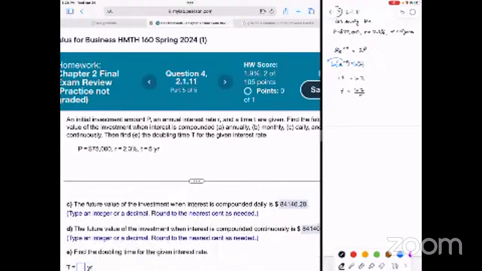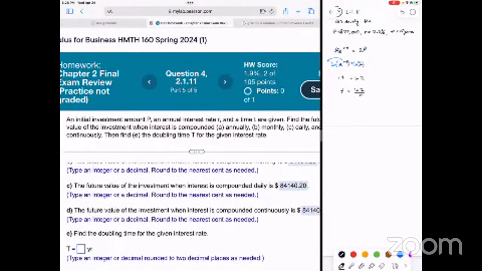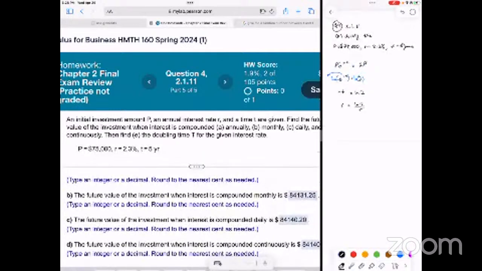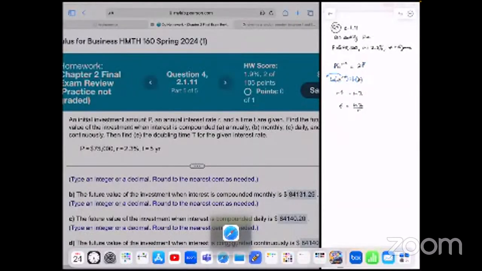I might need to zoom out. 2 decimal places. Okay, let me see. I put that here. Okay, that's good. And then zoom out. Okay, I think this will work.